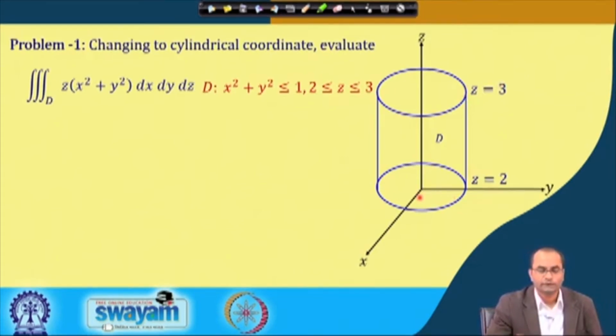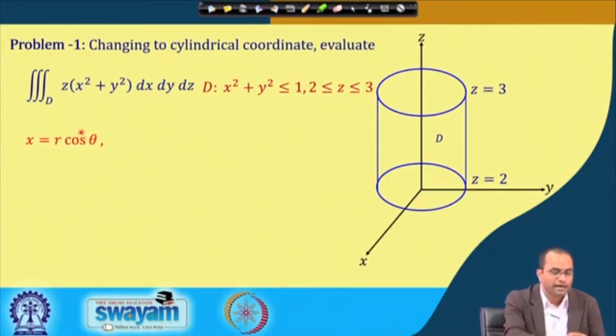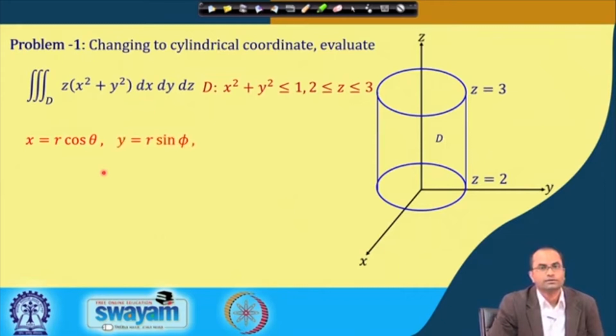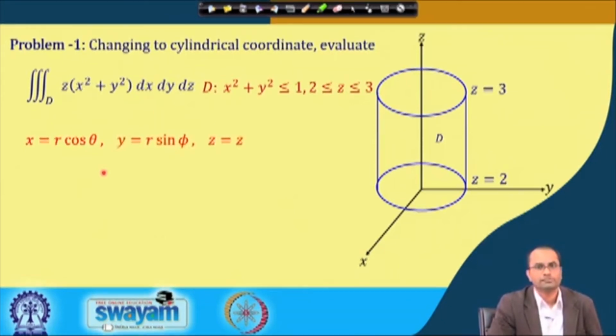So, it is natural to use, for instance, the cylindrical coordinates, because exactly a cylinder is given, and it will be much more convenient if you use cylindrical coordinates in such problems. So, we have the relation that x is equal to r cos theta and y is equal to r sin theta, and z remains z as usual.